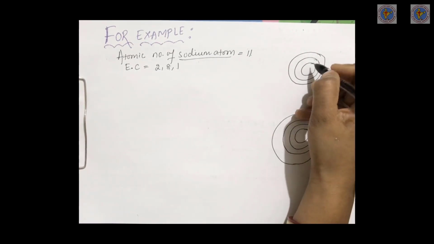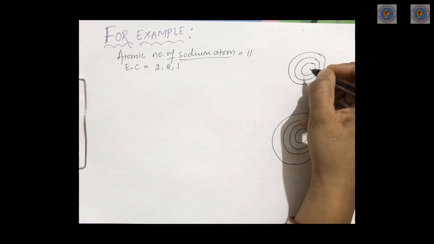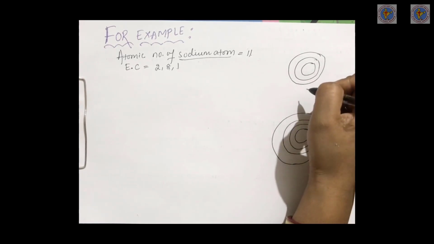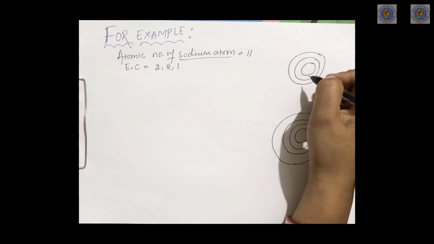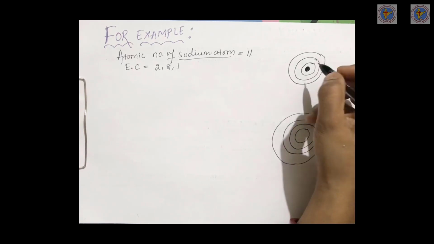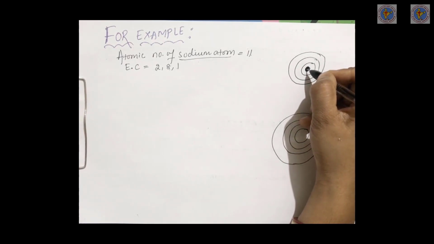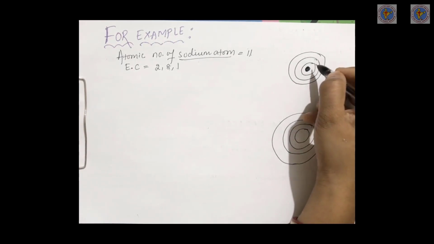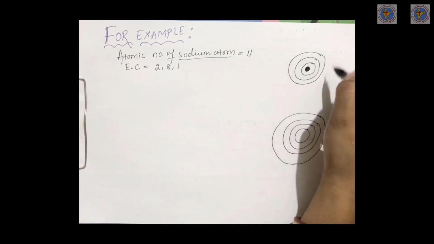Children, here you can see I have drawn the shells, but this is wrong, because before drawing the orbital structure you should not forget to draw the nucleus of sodium atom. Understand? So first you should draw the nucleus, then after that you can draw the energy shells or orbits.